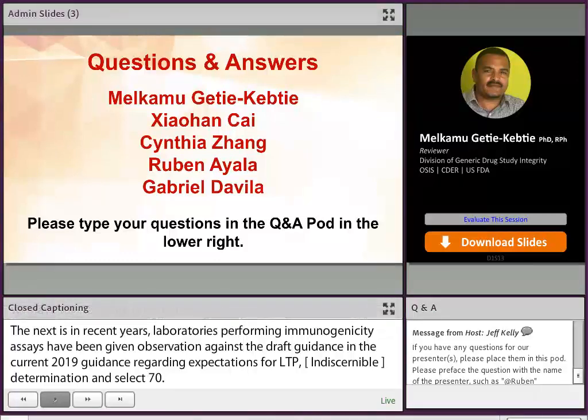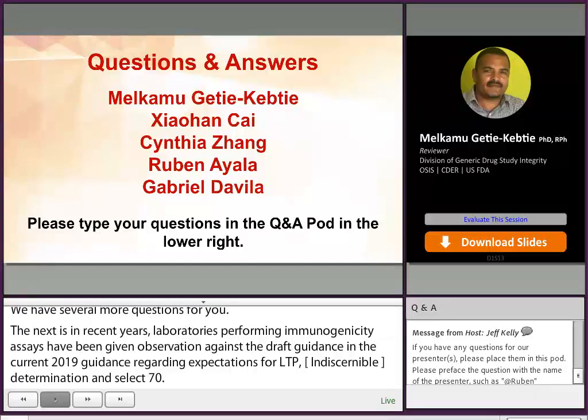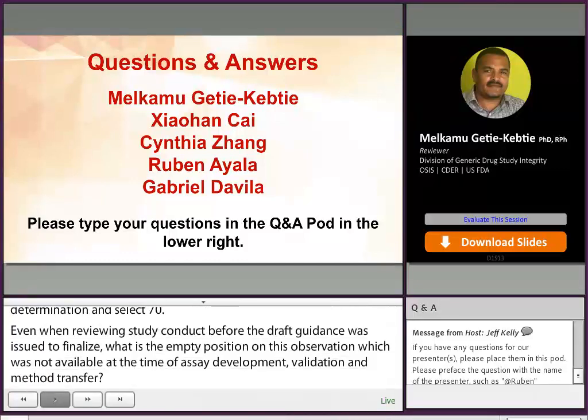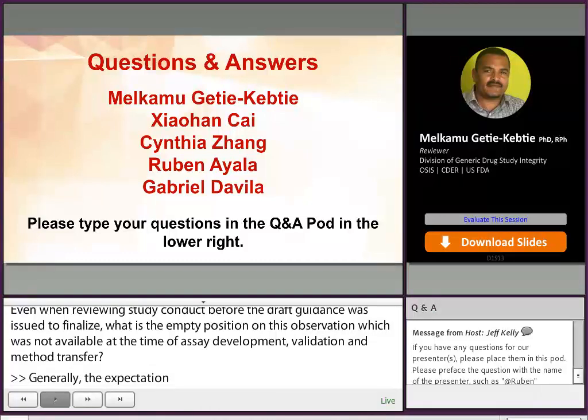Generally, the expectation is that if your study is conducted after the guidance is issued, you are expected to validate your method in accordance with the current expectations.